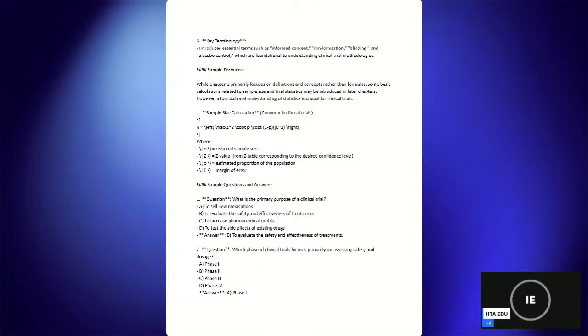Then blinding means you don't want them to know what drug each group is taking. You want to blind it. You may have double blinding, where both the principal investigator and the patient will not know. And then we also have the placebo control.